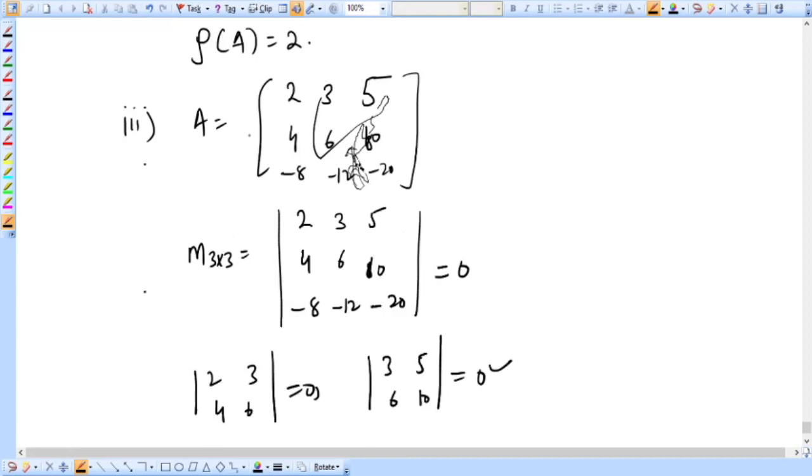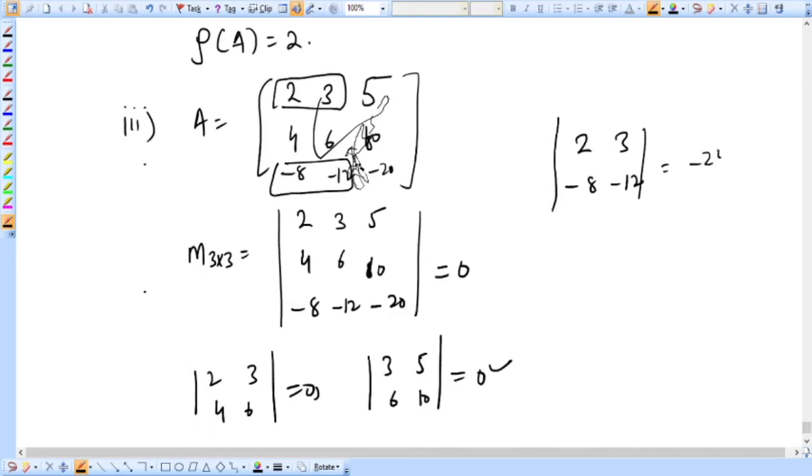You take this and this, like this, and this thing. It is equal to 2 times minus 12 minus 3 times minus 8, which is minus 24 plus 24, equal to 0 again. So every minor of 2 by 2 is vanishing here. But the minor of 1 by 1 is 2, the minor of 1 by 1 is 3, the minor of 1 by 1 is 5.